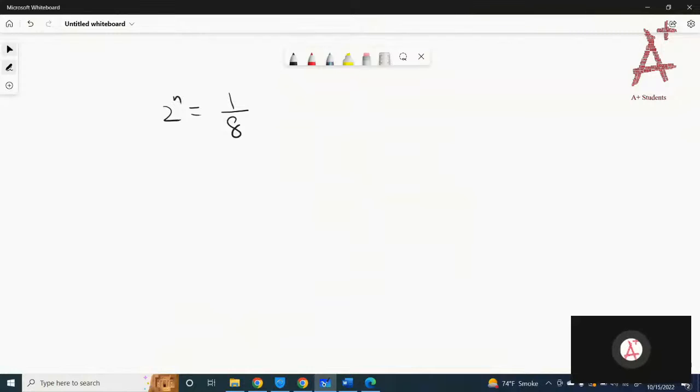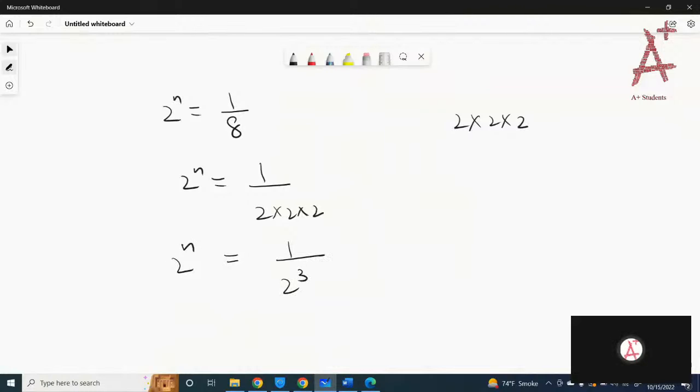Okay, we can write 8 as 2 times 2 times 2, isn't it? 2 times 2 is 4 and 4 times 2 is 8. So you can write 1 by 8 as 1 over 2 times 2 times 2. 2 exponent n equals 1 over 2 exponent 3.